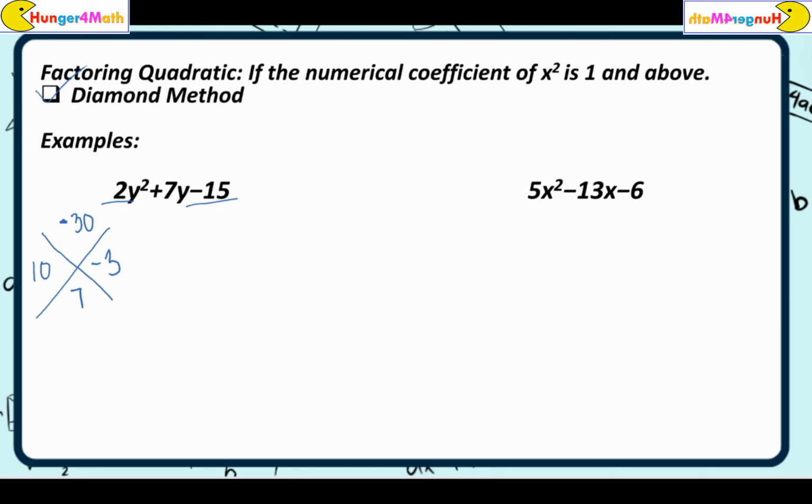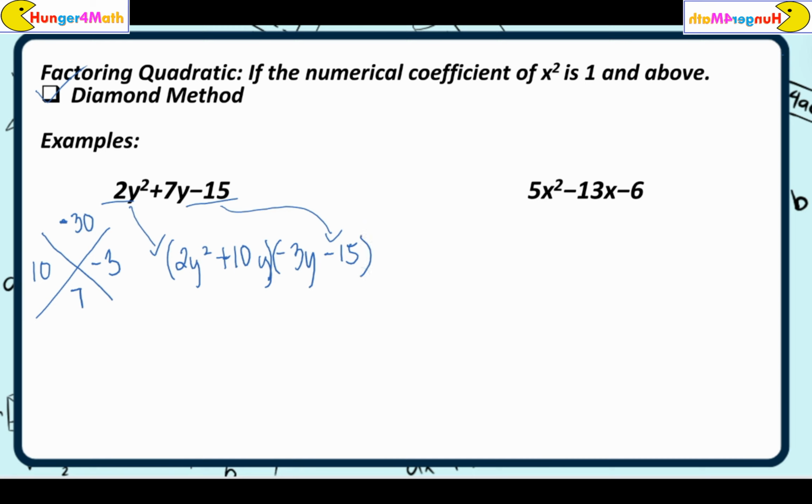Now let's rewrite the expression. So copy the first term. That will be 2y squared. Now instead of 7y, it now becomes plus 10y minus 3y. Then copy the last term, minus 15. Then we're going to group them into 2.